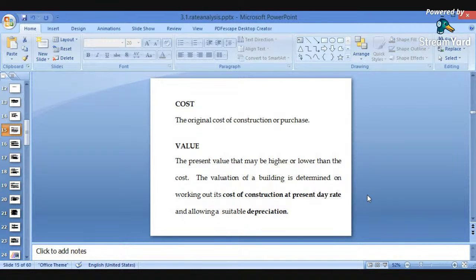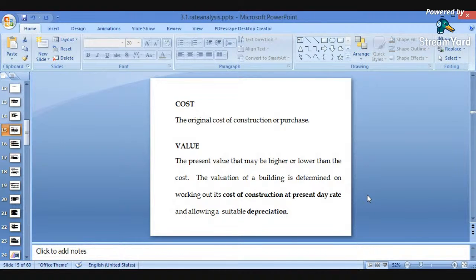Again, value of the property. Now, what is value? In the word valuation, there is also the word value. What does this word state? The present value, which may be higher or lower than the cost. The valuation of a building is determined by working out its cost of construction at a present day rate and allowing a suitable depreciation.